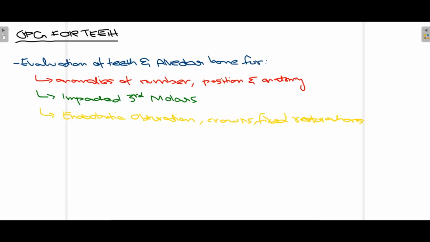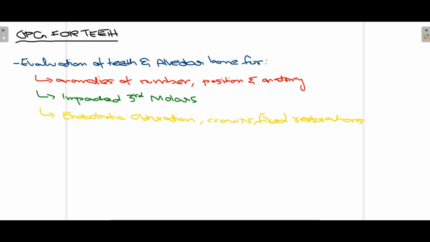Now, talking about what we look for in the dentition when we are looking at an OPG, the basic thing is that we evaluate the teeth and the alveolar bone. What do we evaluate the teeth and alveolar bone for? We look for anomalies of teeth in terms of number, position, and anatomy, because this helps us in determining the different pathology that might be present in a tooth.